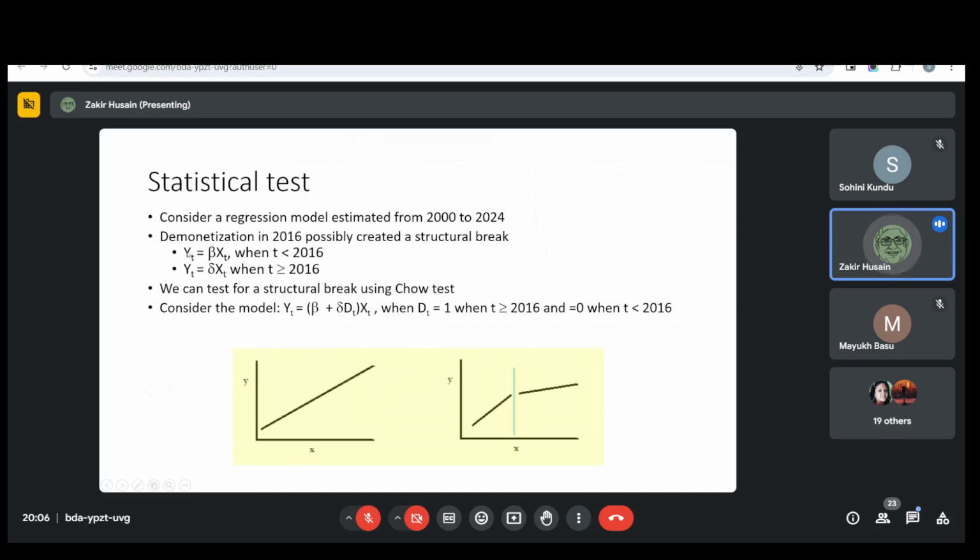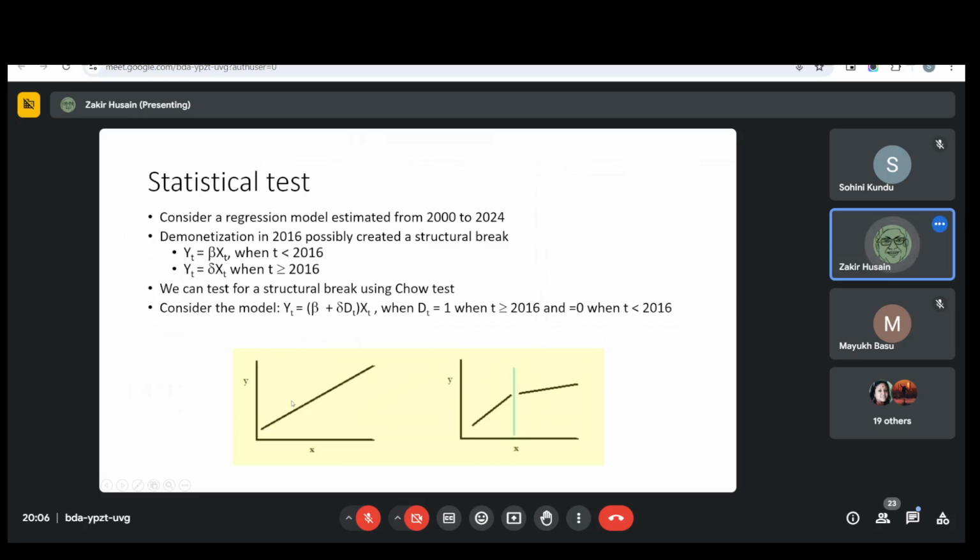So how can you capture this? The relation between growth rate and some variable x is given by beta till 2016. After 2016, after demonetization, the relation between y and x has changed. That is our hypothesis. So what we want to find out is whether beta and delta are significantly different.